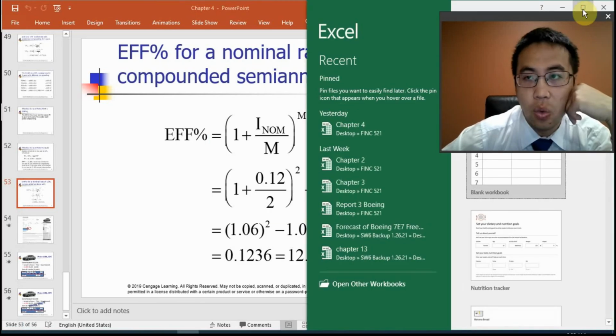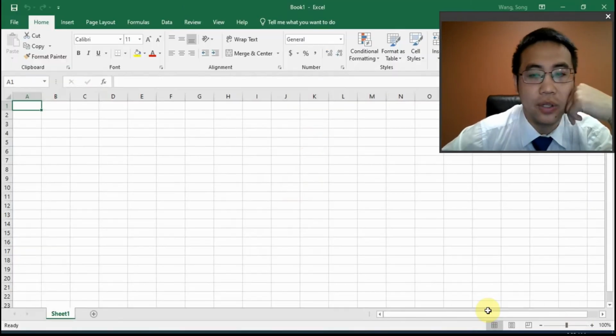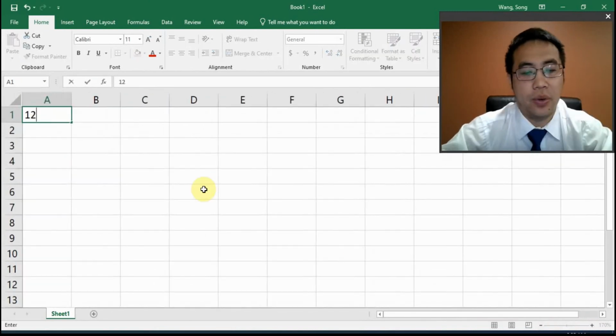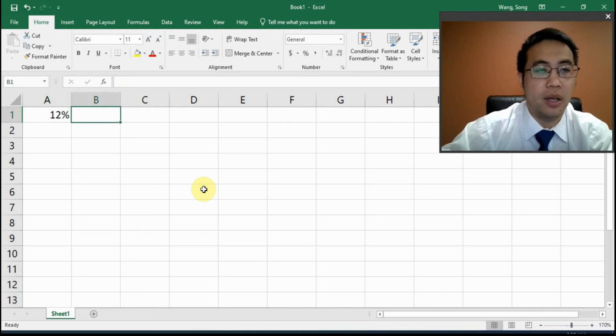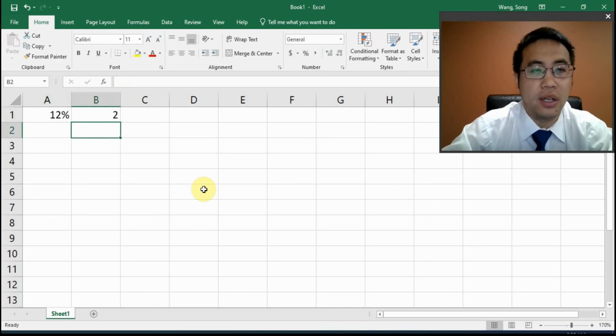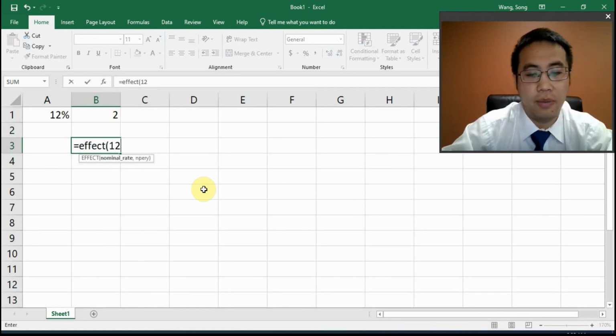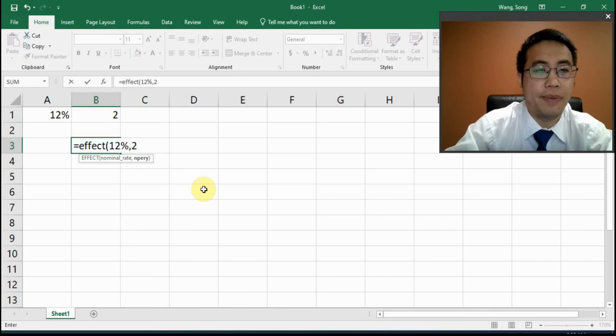and it is quite easy to do the job. So what is your effective annual rate with a 12% nominal rate and semi-annual frequency? So you just simply use the EFFECT function, all right? One word, and then you put 12%, and then the number of periods per year is here.